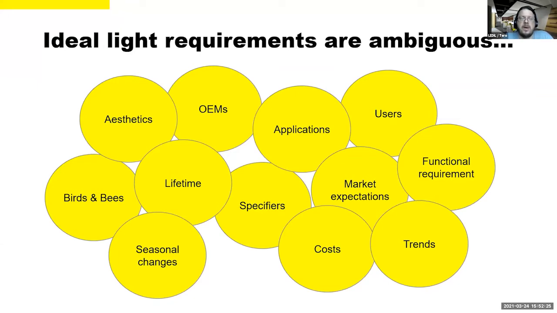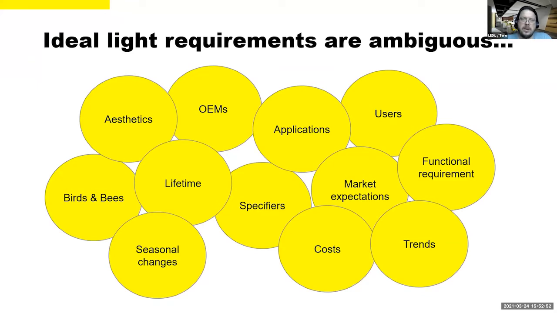If we think about the requirements for the ideal light, we have hugely varying setups and varying requirements. What is a perfect light for one application and one user group, let's say industrial lighting, will be very much not perfect light for some other aspects.